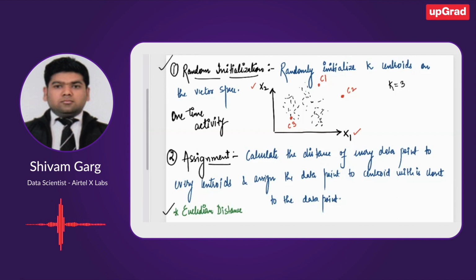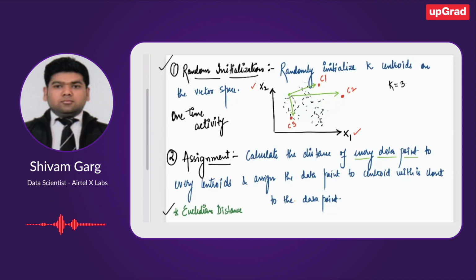Let's say this is one data point. For this one data point, I'll calculate the distance with C1, I'll calculate the distance with C2, I will calculate the distance with C3. I will do the same for every data point. For every data point, I will calculate the distance with every centroid.